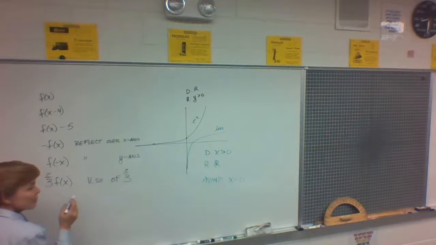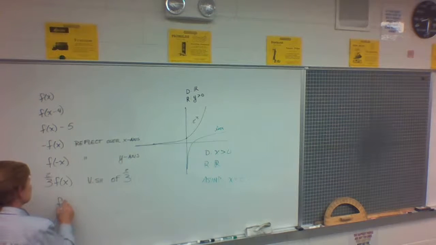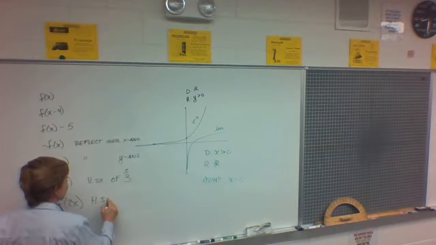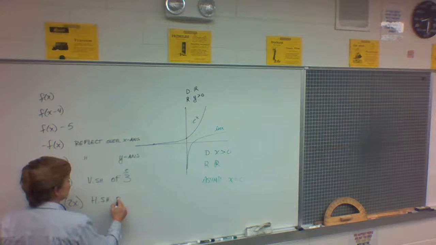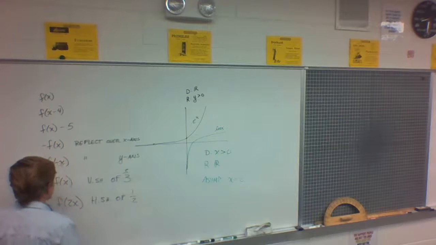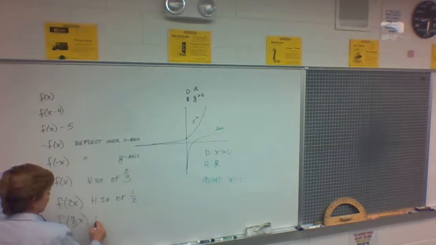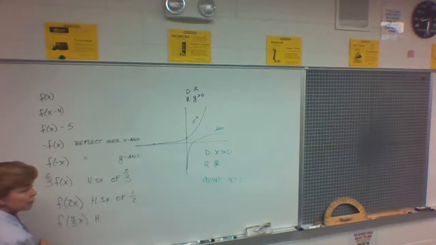This last one, you got to remember, if I do this to it, what's that? Horizontal shrink of half. Good. And if I do this, this is an interesting one. That's a horizontal. Will it be a stretch or a shrink?